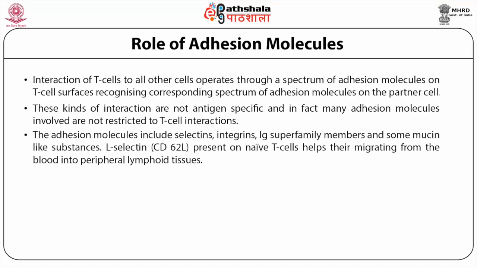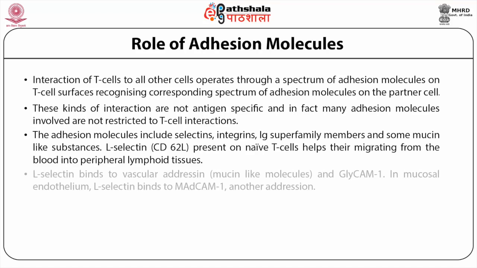The adhesion molecules include selectins, integrins, Ig superfamily members and some mucin-like substances. L-selectin present on naive T cells helps their migration from the blood into peripheral lymphoid tissues. L-selectin binds to vascular addressin and GlyCAM-1. In mucosal endothelium, L-selectin binds to MAdCAM-1, another addressin.